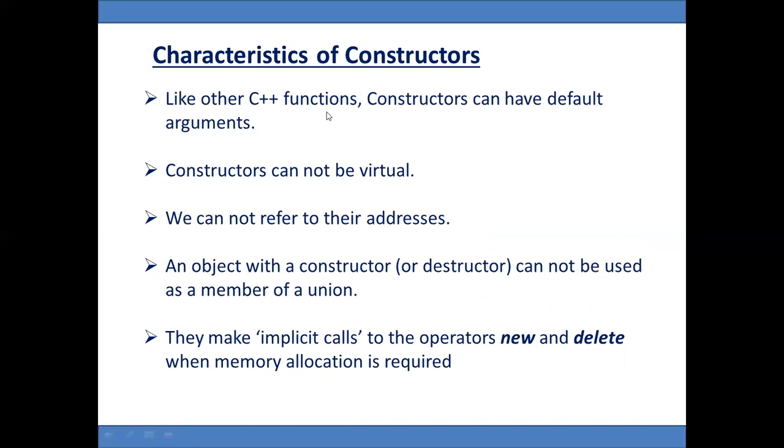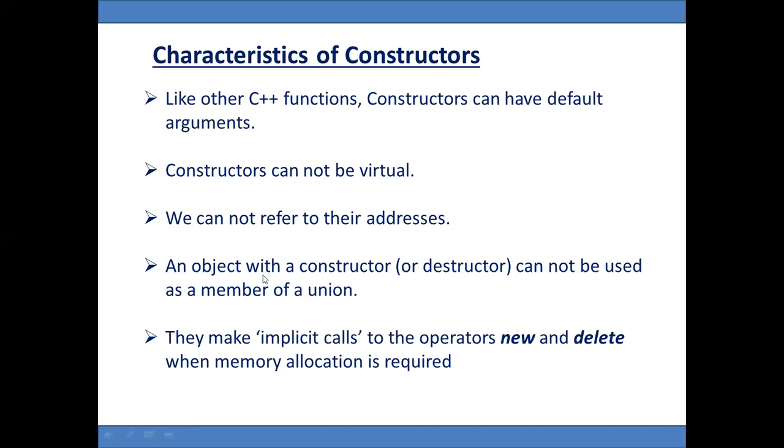Like other C++ functions, constructors can have default arguments, for example int a, comma, int b. Constructors cannot be virtual. We cannot refer to their addresses. No call by reference passing in this constructor concept.